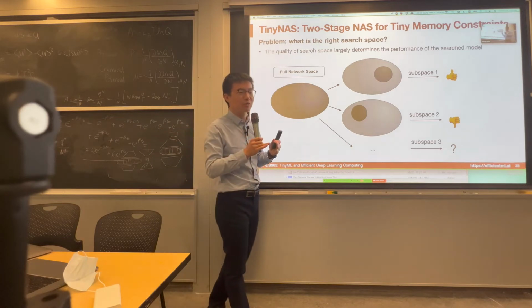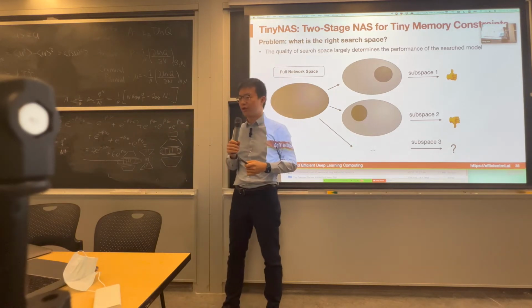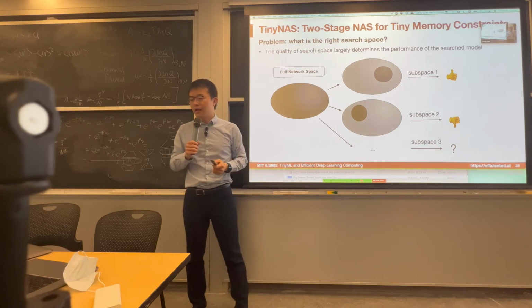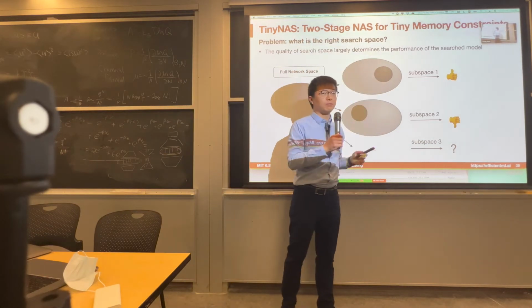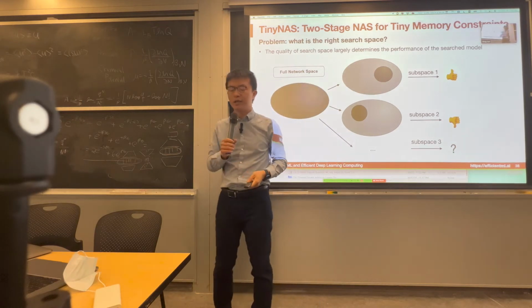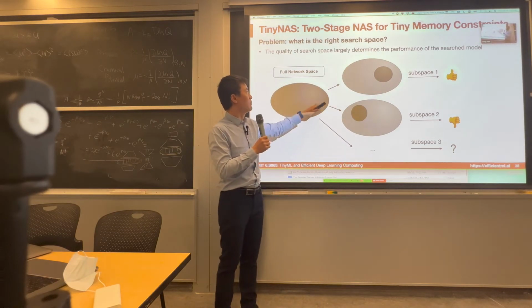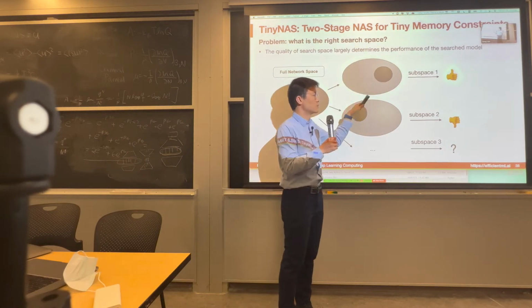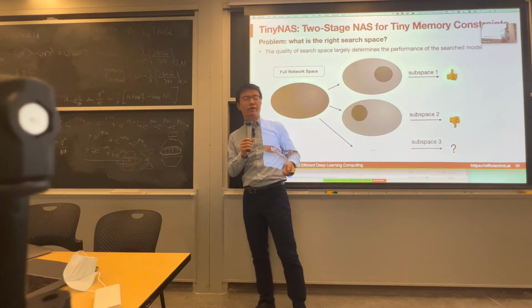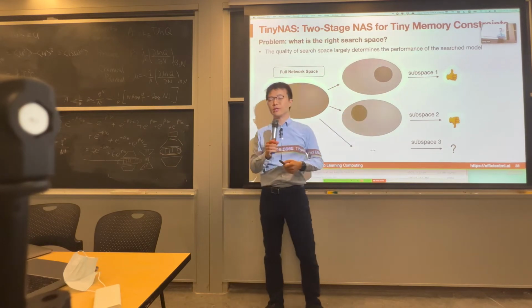You want to narrow down the search space if you want to find your friend who got lost, right? So the quality of the search space actually determines the performance of the model. The first step is to narrow down from this full network search space to some subspaces. We want to pick a good search space to begin with.